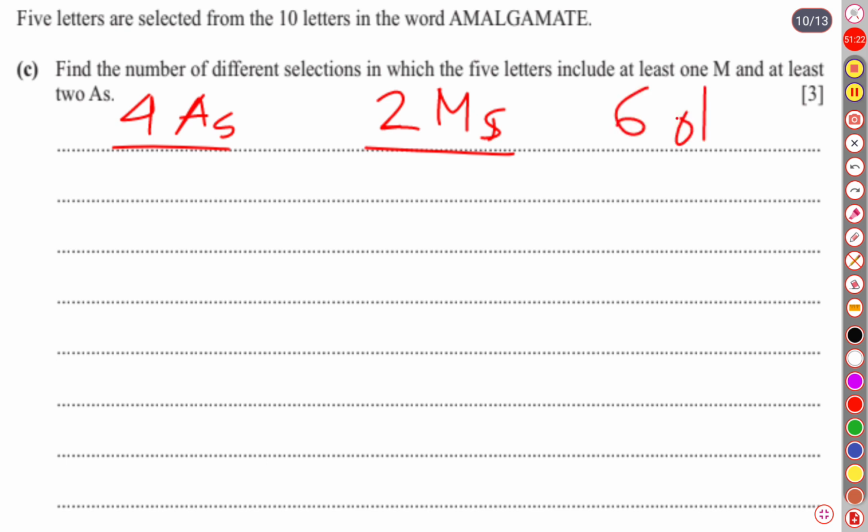Well, the first case: if we take 2 A's, then minimum we'll have to take 1 M. If we take 3, there remain only 2 letters to be chosen from the rest 4. It should not be 6, it should be 4. Yes, it's 4 other letters.